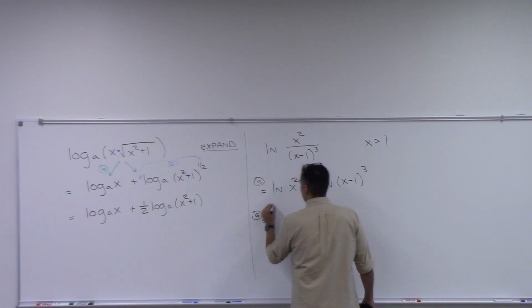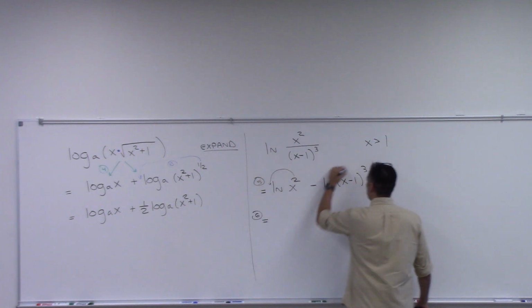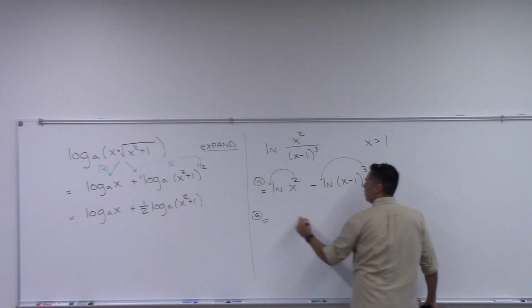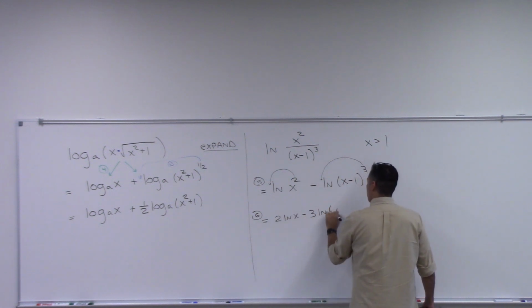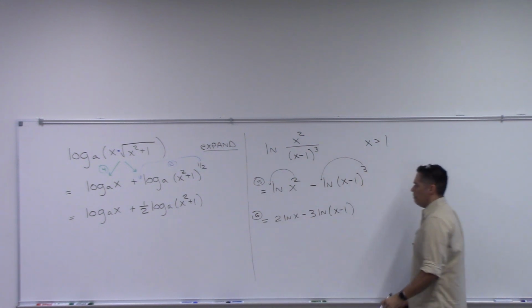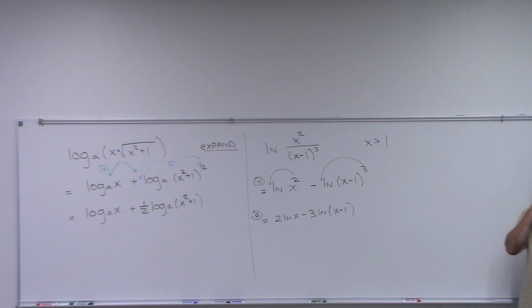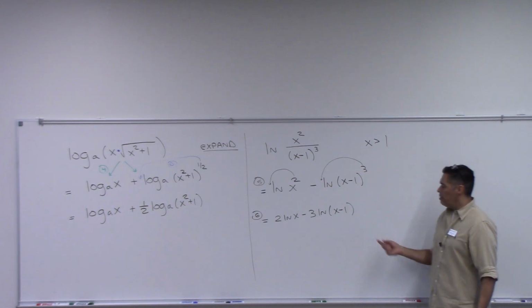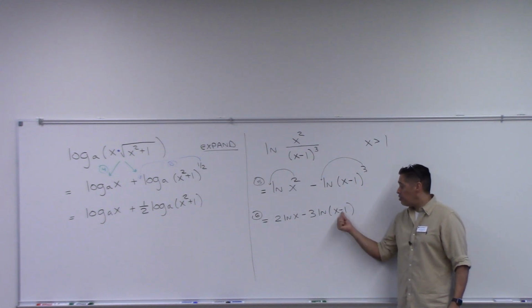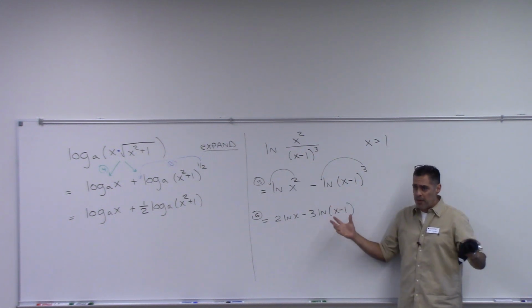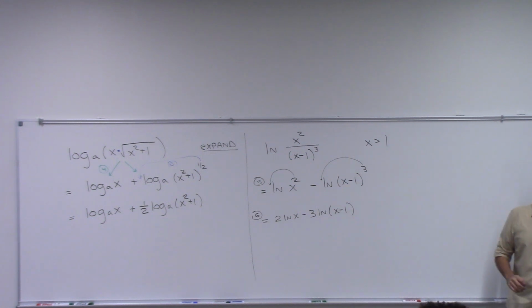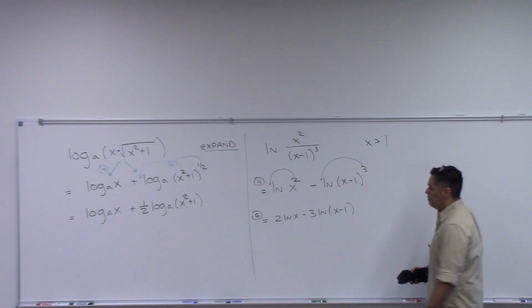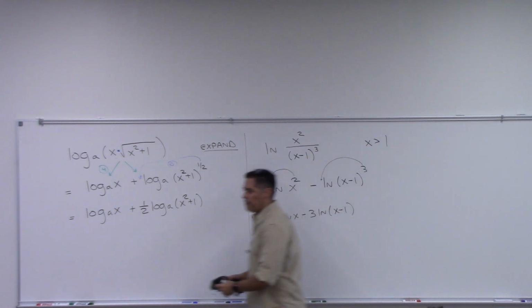Property 6 is going to allow me to pop that 2 out front here, pop the 3 out front here. So we have 2 natural log x minus 3 natural log of x minus 1. Any questions on that? That should be it. There's nothing more we can do because that's subtraction inside. We don't have any properties about how to deal with subtraction inside of a log. So we're done. Box it up, we're done.